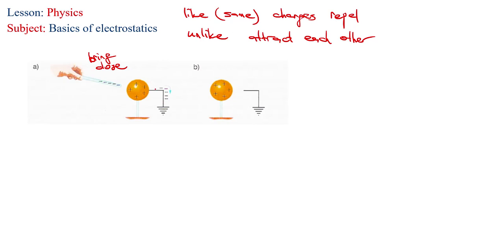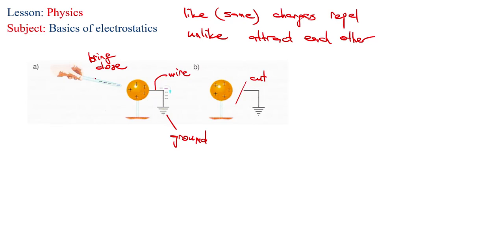And if I connect it to the ground by a wire here, I have the conductor here, and I connect it to a ground. You know what is ground? Earth. If I connect it to a ground, the negative charge will flow, and then I just cut the wire. You see here, my sphere becomes now positively charged, and I just take away this rod, and now my sphere becomes positively charged.